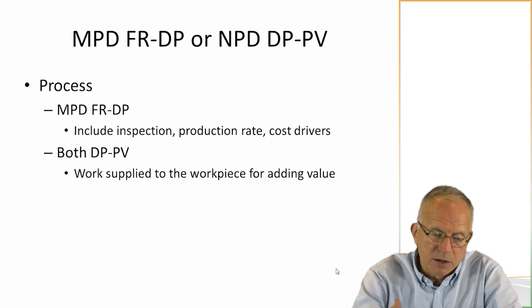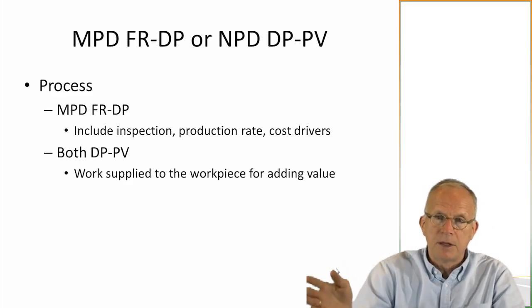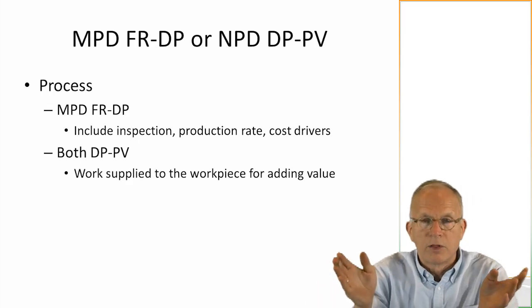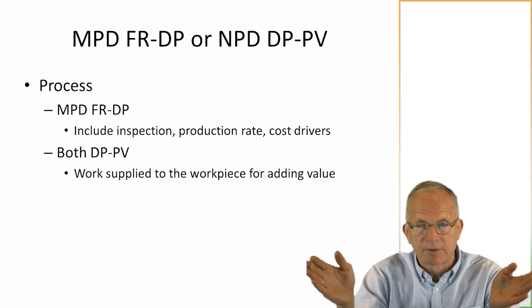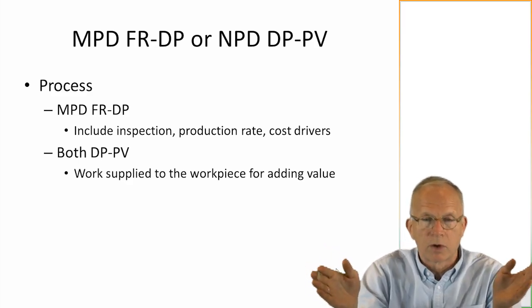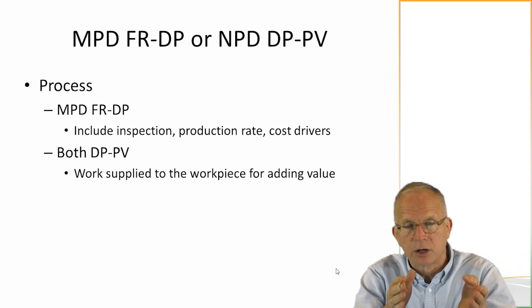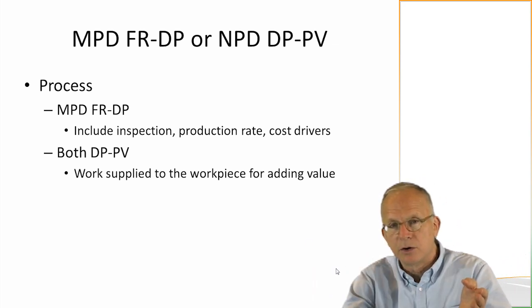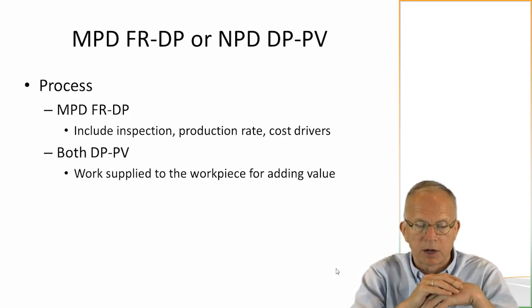Now, it may be useful to work through FRDPPV for the new product development. So you can link all of those and see where you're going to have difficulties, as we've spoken about before, where, say, a DP specification now introduces coupling in the PV to try to accomplish that.